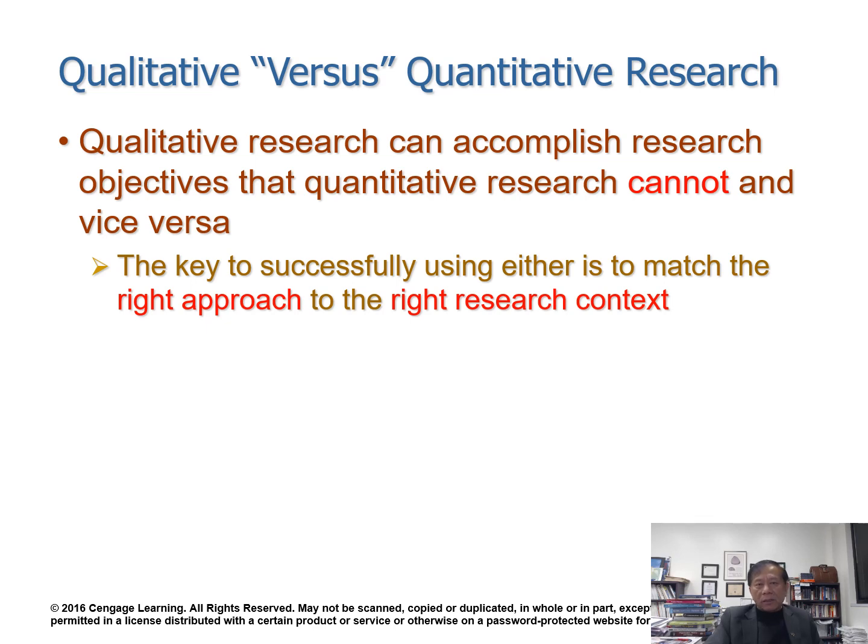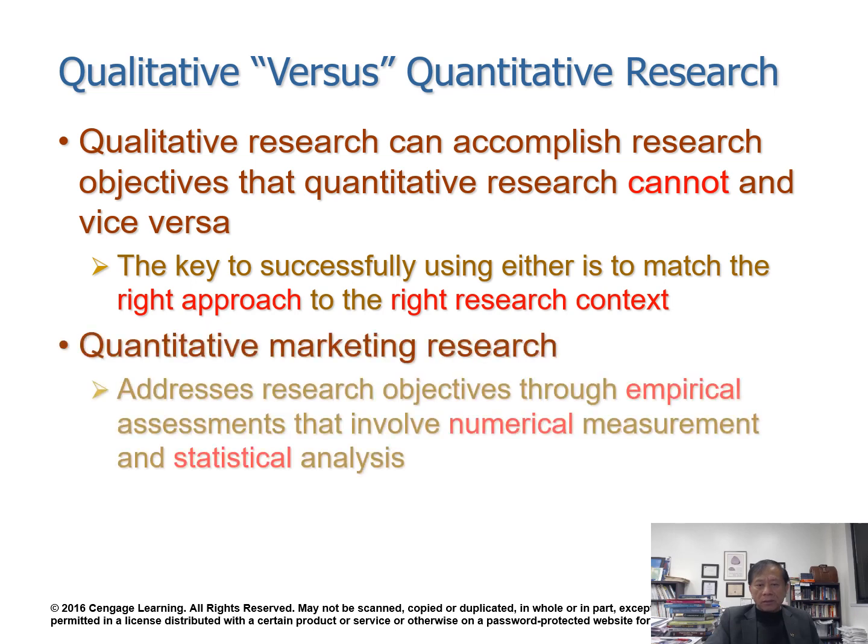Depending on the research context you're in, you want to choose the correct approach, the correct method. Quantitative market research, on the other hand, addresses research objectives through empirical assessments that involve numerical measurements and statistical analysis. Of course, for the remainder of this class, we focus mostly on quantitative research, just so you know.